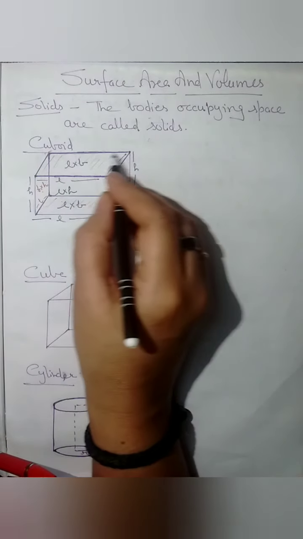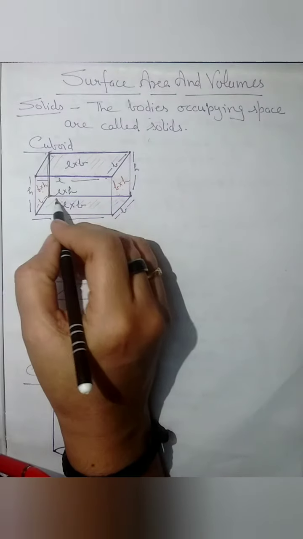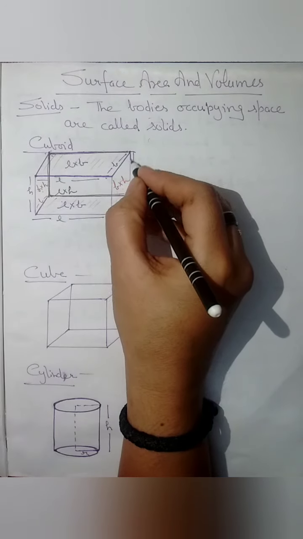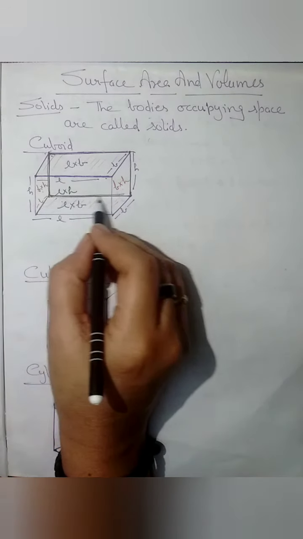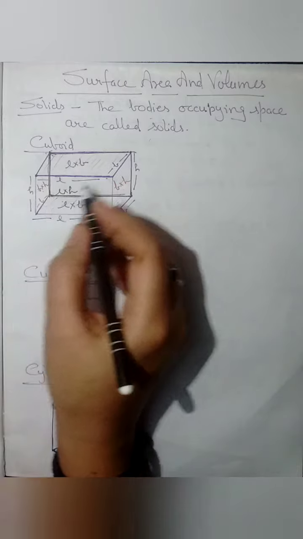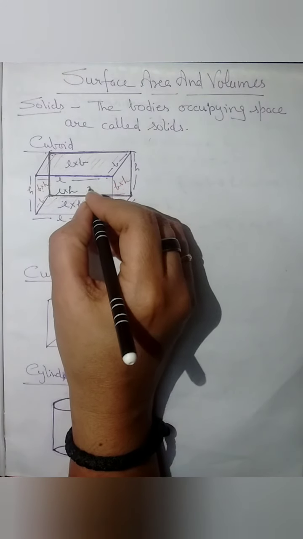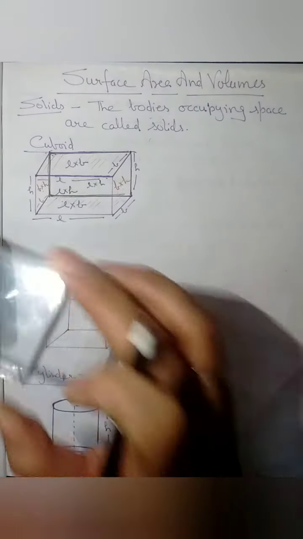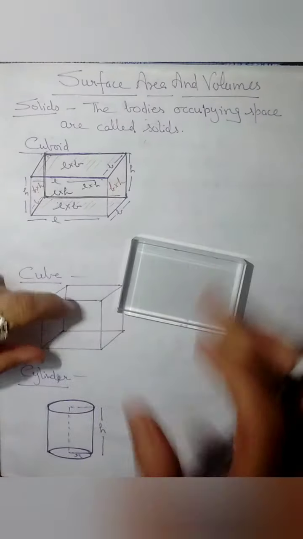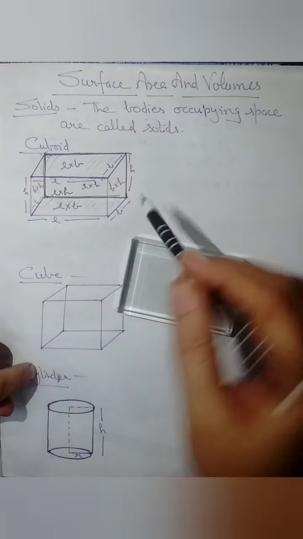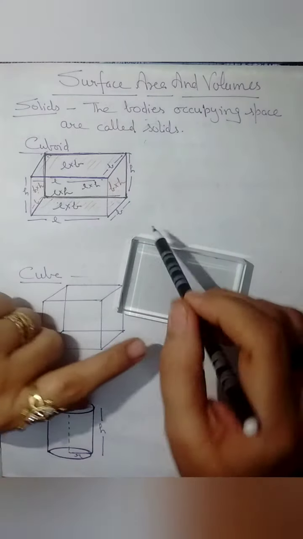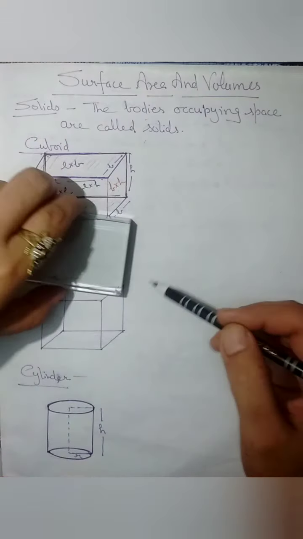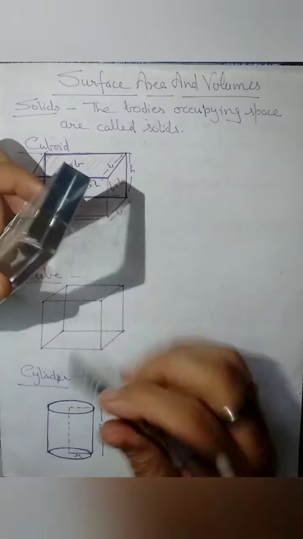In the same way, for this rectangle, this one is L and this is H, so the area will also be L multiplied by H. You can see here this one is L, this is B, this one is L, this is H and this one is B. So what will be the area of this base?